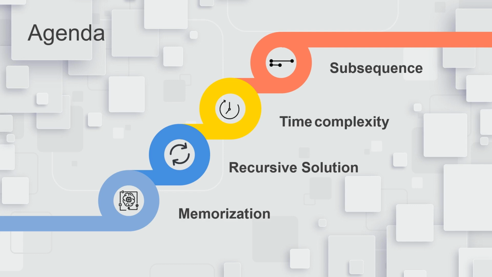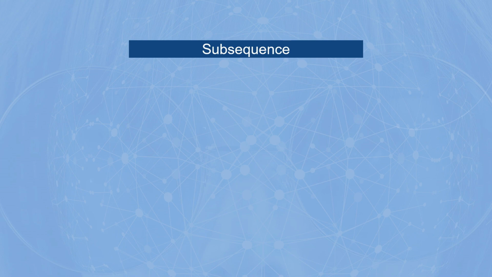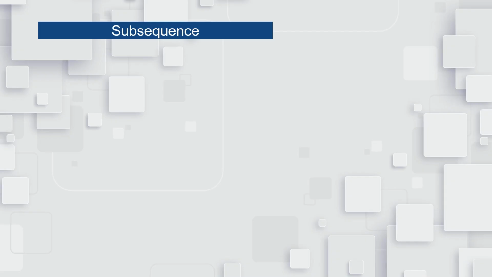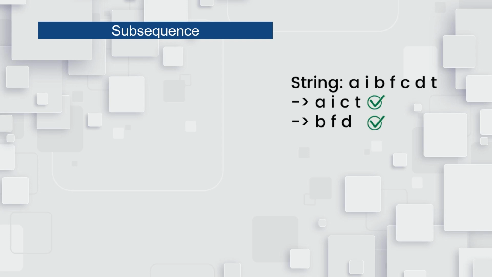So what is a subsequence? A subsequence is a sequence that can be derived from another sequence by deleting some or no elements without changing the order of the remaining elements. Now, to understand it properly, let's say we have a sequence or string A, I, B, F, C, T. Its subsequence can be AICT or BFD because they are following their order even if some characters in between are missing.